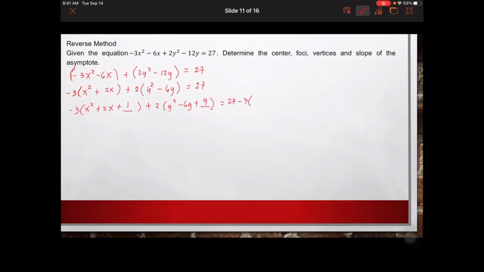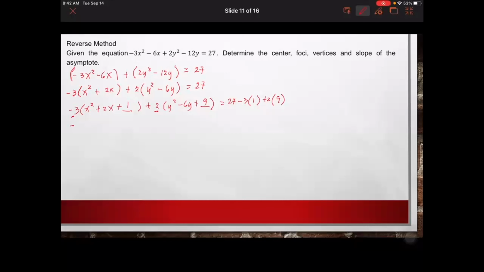So, yan. So, equals 27 minus 3 times 1 plus 2 times 9. So, bakit naging negative 3 yun? Kasi from here, bakit siya naging positive 2 from here? Kasi yun yung ating i-add na given. So, yun yun. Then, we can now simplify. Simplify muna natin to.